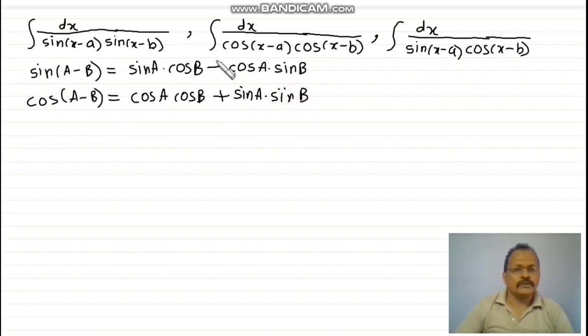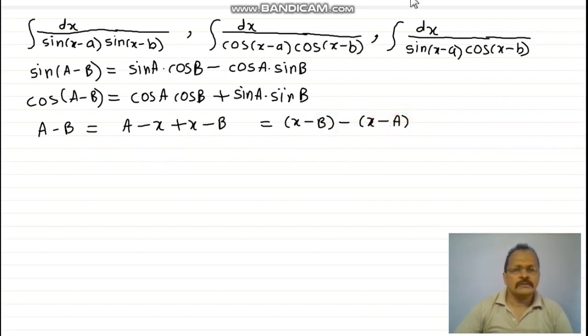And one thing you should note is that A minus B is equal to (A minus X) plus (X minus B), that is, (X minus B) minus (X minus A), or B minus A is equal to (X minus A) minus (X minus B).